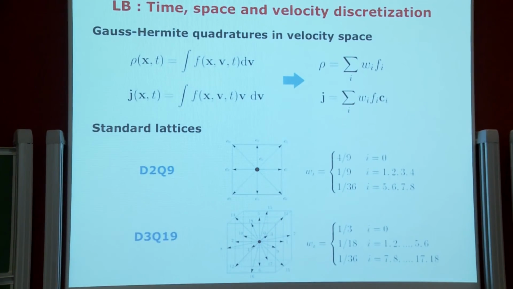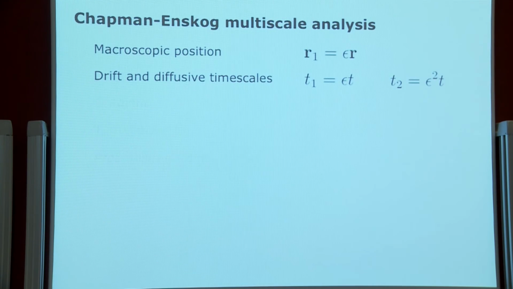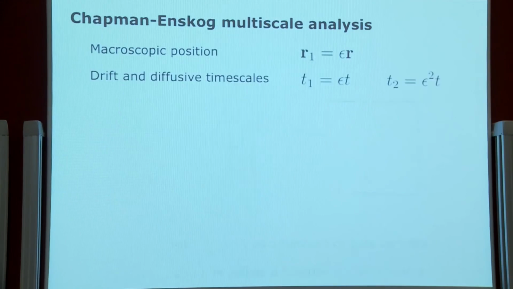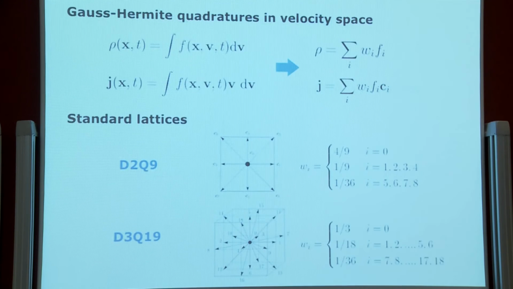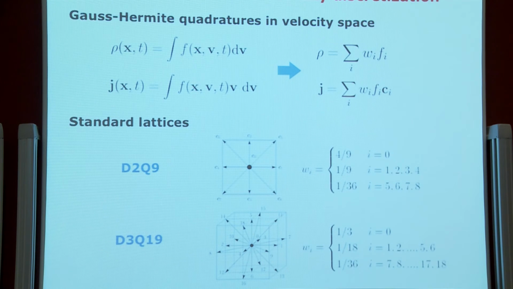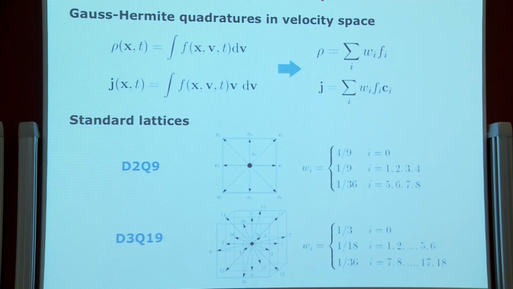And because we want to look at populations that will be not equal but similar to the equilibrium Maxwell-Boltzmann distribution that has a Gaussian weight for the velocities, we're going to use a particular choice of quadratures which are called Gauss-Hermite quadratures that precisely involves the Gaussian weights in the Maxwell-Boltzmann distribution.